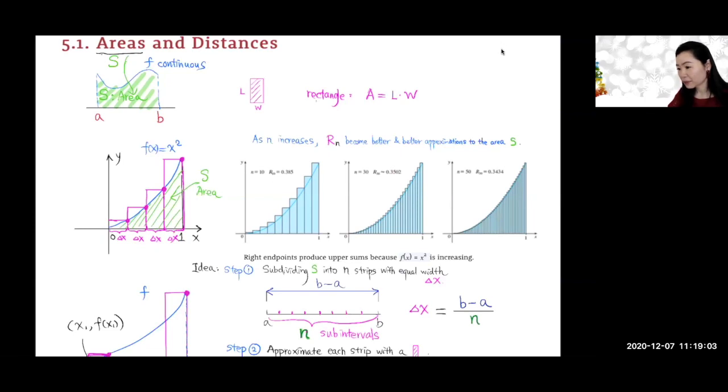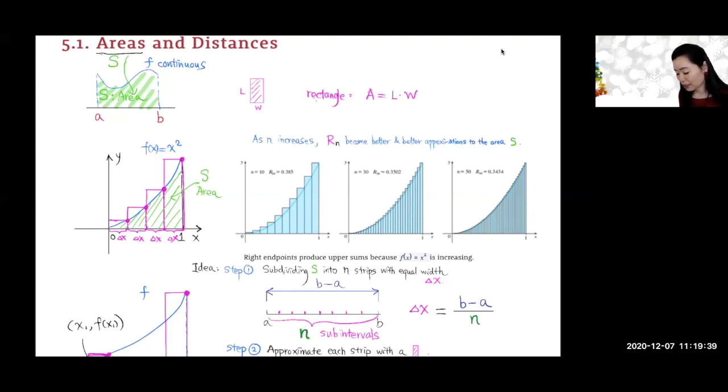With 4 of them, it's an estimate, but not a very good approximation. I can improve that by dividing this interval into subintervals with smaller width, so make delta x smaller. The sum of the areas of those rectangles will be a better approximation.